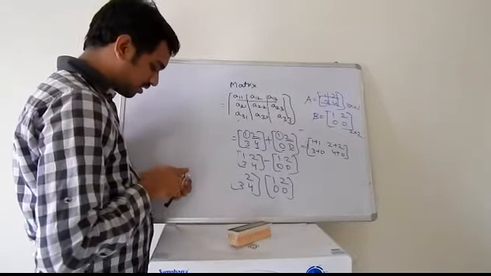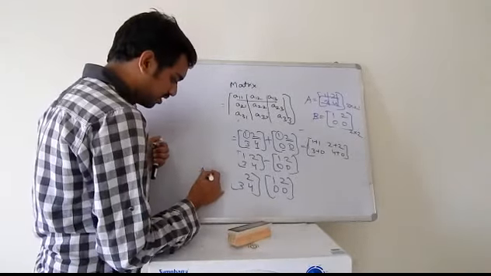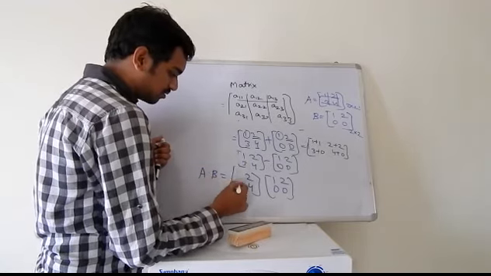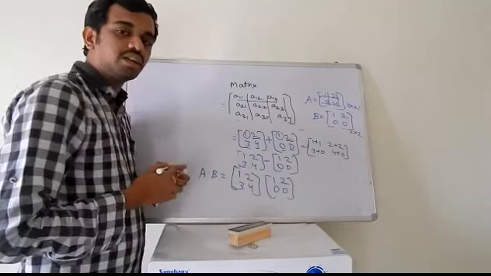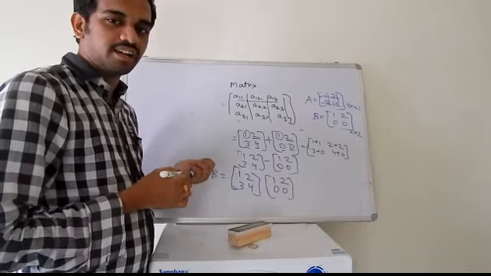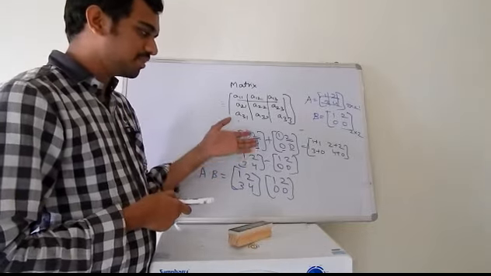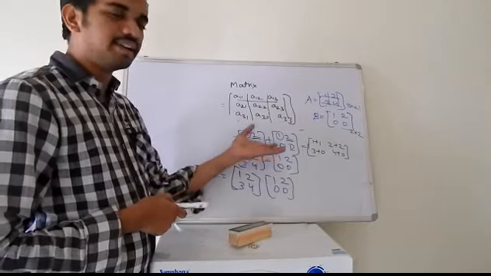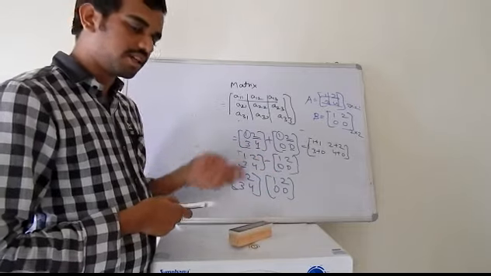Whereas coming to the multiplication, A into B, it is quite a different and logical way. In the previous case, we have to make the matrix orders, rows and columns, exactly equal.